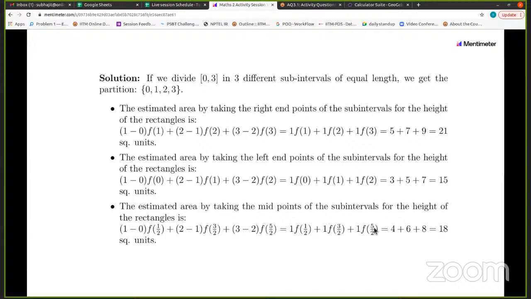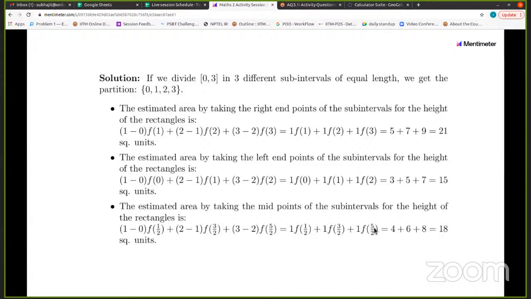Okay. Now for the second statement, when we are taking the left hand points. Left hand points means 0, 1 and 2, right? So if we calculate it, we will get 15 for the left hand points.